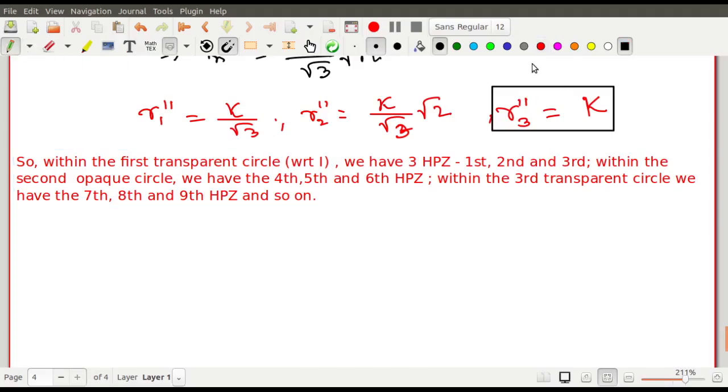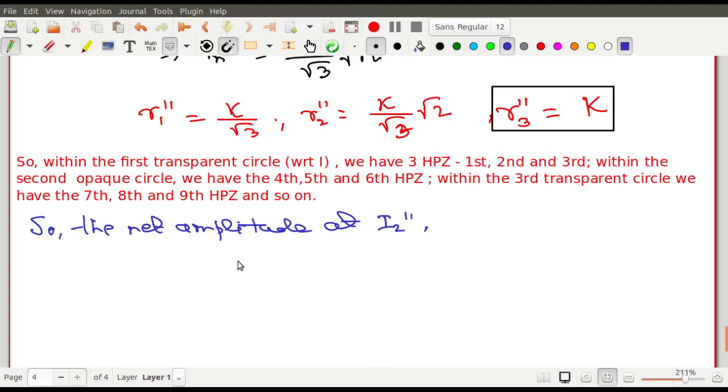So now you can write over here the net amplitude at this point, I2 double dashed, so I call it A double dashed. The first contribution is A1 minus A2 plus A3. This one will be considered for first, second and third. Then the fourth, fifth, sixth will not be considered because that circle has been blocked initially.